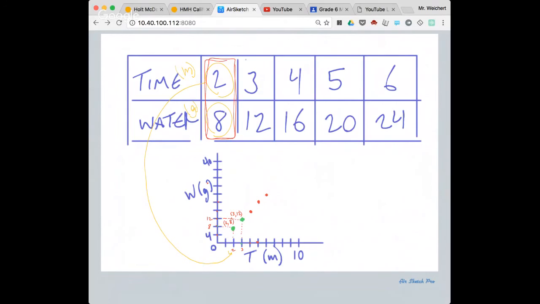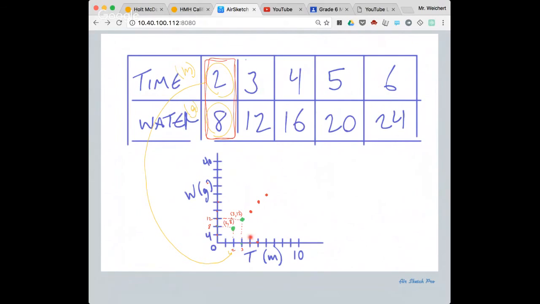This is data for one spot, right? For every 2 minutes, there's going to be 8 gallons of water used. So for every 2 minutes, I'm going to plot where 2 minutes and 8 gallons of water being used are, and that would be right there. See how 8 gallons comes here and 2 goes there? 2 minutes, 8 gallons, they intersect right here. That point is plotted. And then if we move to the next one, let's just move down here to this guy.